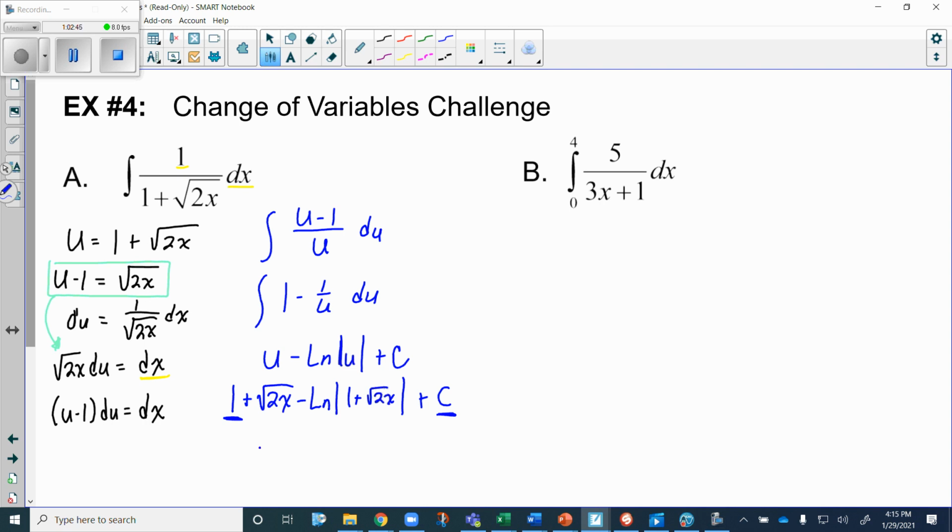So I will write my final expression as the square root of 2 times x minus the natural log of 1 plus the square root of 2x, plus a new constant of integration when I combine it with the 1. And there's my solution.